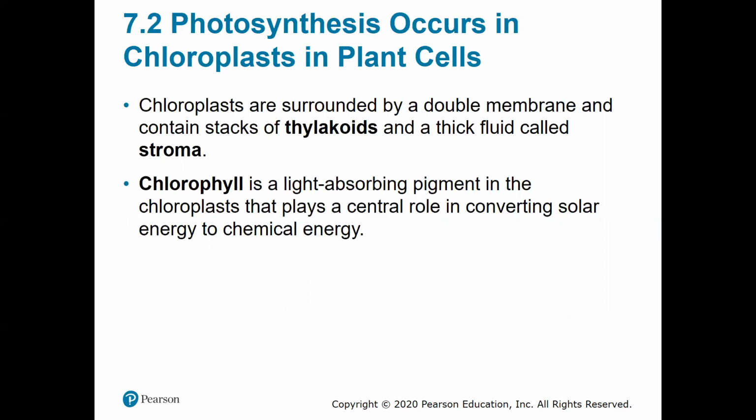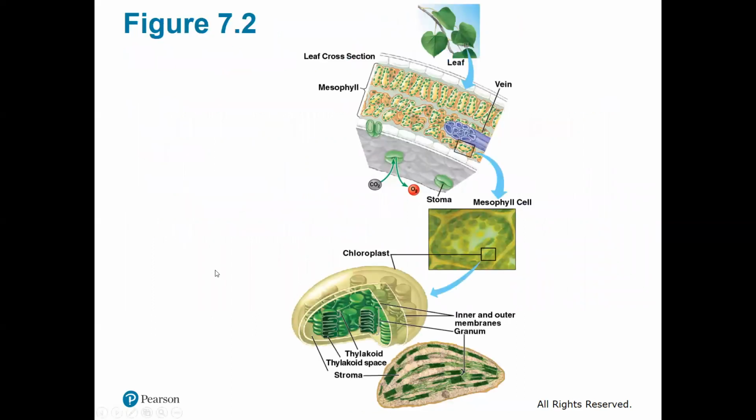There are many types of pigments, but chlorophyll is the main pigment. It is the one that is responsible for reflecting green light, so it is responsible for why most plants and algae are green in color.